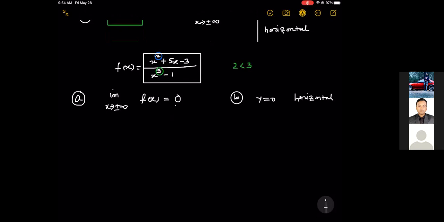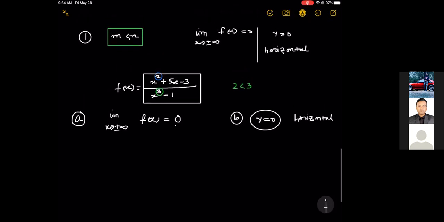We can still have horizontal asymptotes in other cases, but this is a special case. The horizontal asymptote will be y equals 0. It will always be the case whenever the power, not only power, I should say the word degree, that means the highest power of the numerator, is less than the highest power of the denominator.